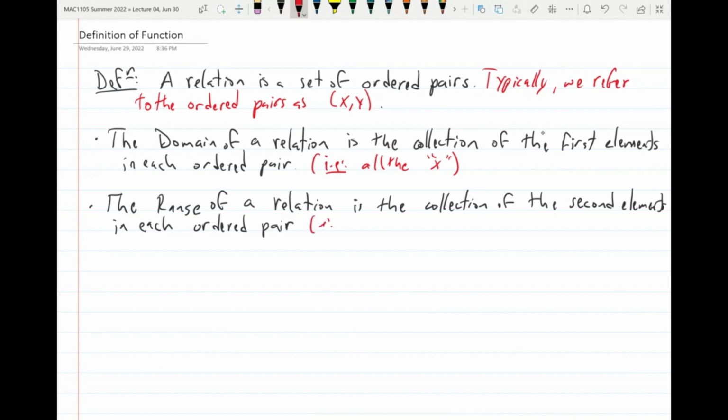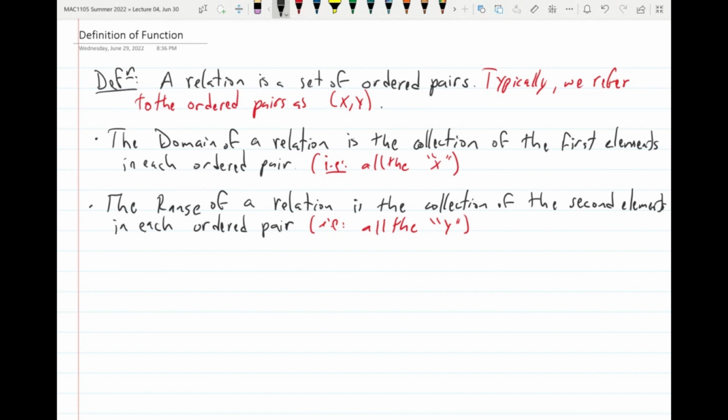In other words, all the y's. What's important about the range is that when you have an element in the range, a y, there is an x that's related to that y. So this is what a relation is for us.